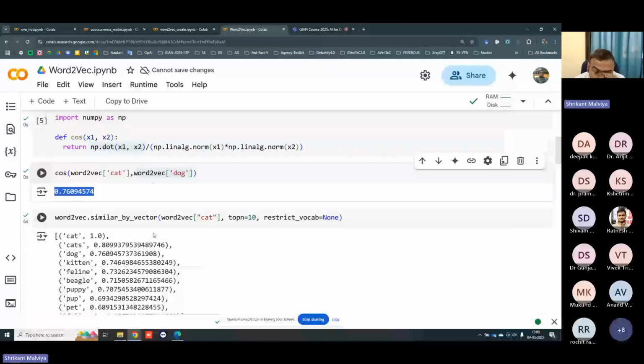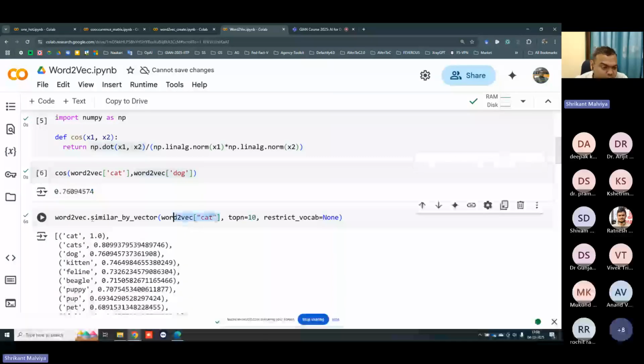Suppose you want to get the top 10 words which are very close to cat. You can use this function, similar by vector, which will return the top n words similar to cat. Let's execute it.